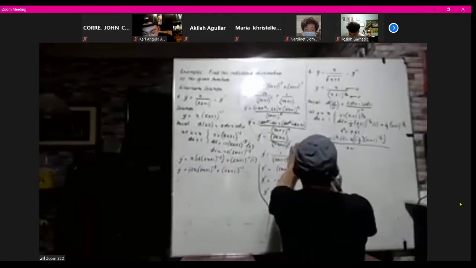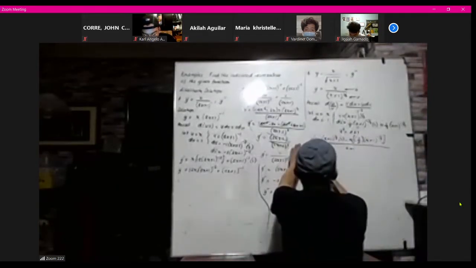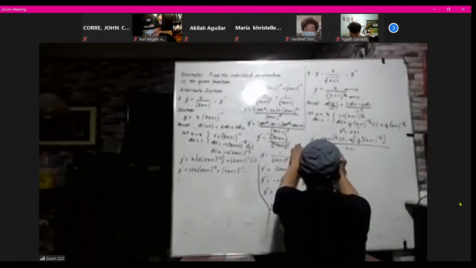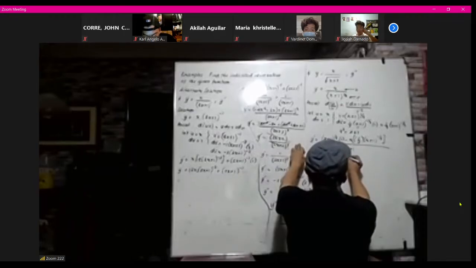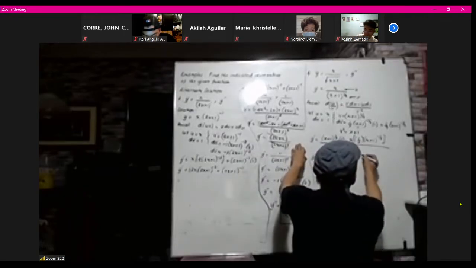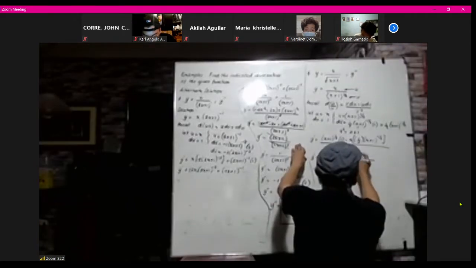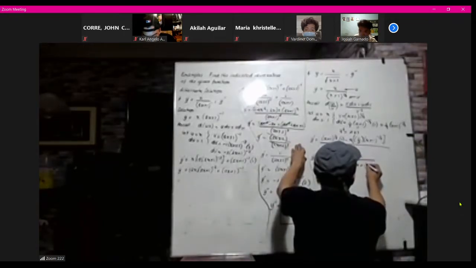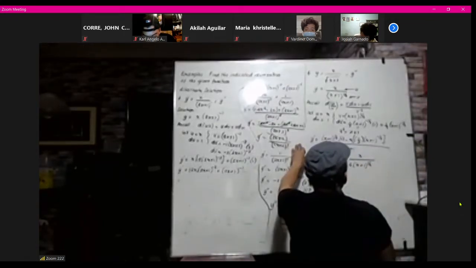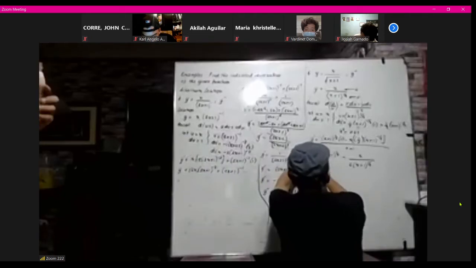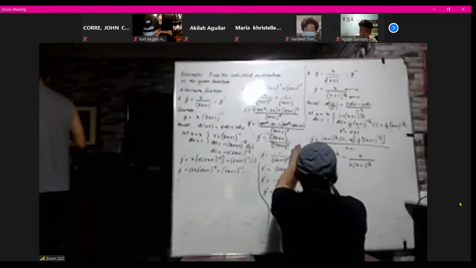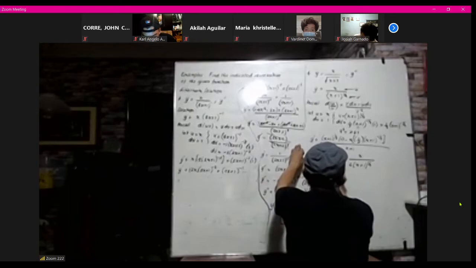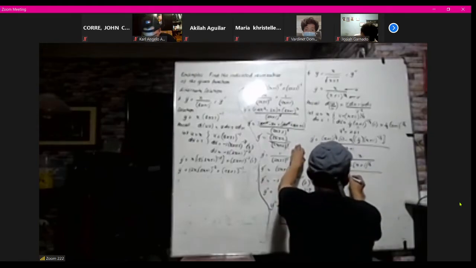This is now equal to derivative of y is equal to x plus 1 raised to 1 half, then minus x all over 2. Then ibababa natin to x plus 1 raised to 1 half, magiging positive na siya. Then all over v squared, x plus 1.